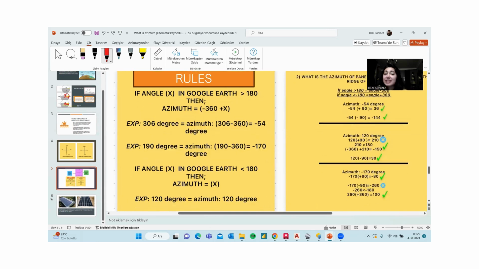Okay, these are the rules that we will use to convert the azimuth of the roof from Google Earth to Pvsyst.